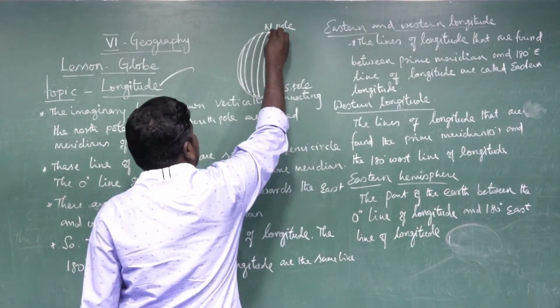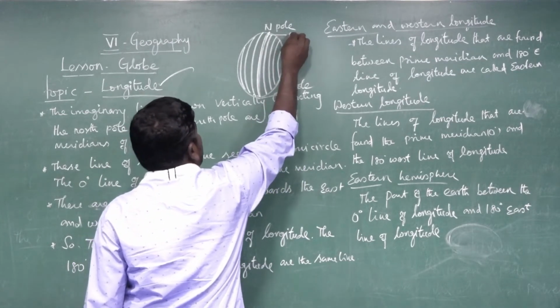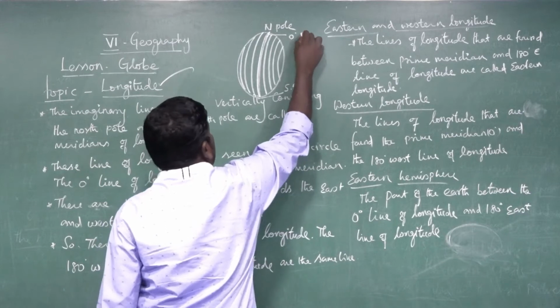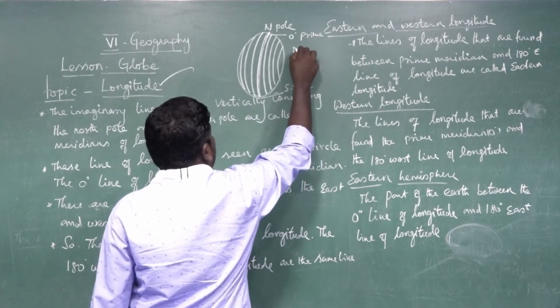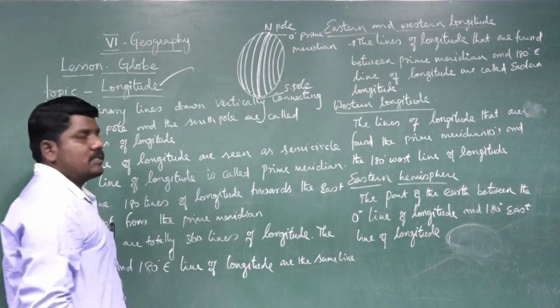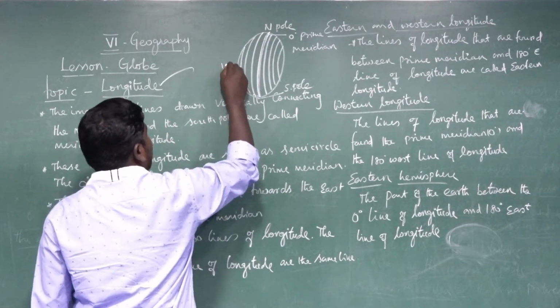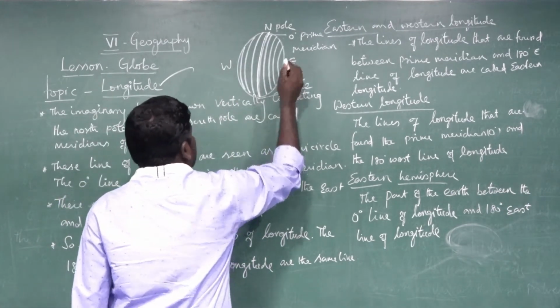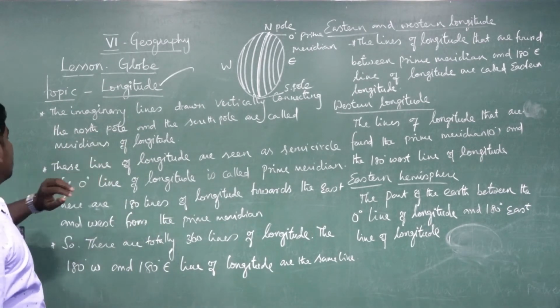One of these lines is 0 degree, which is the prime meridian. It runs through the North and South Poles, with west and east on either side.